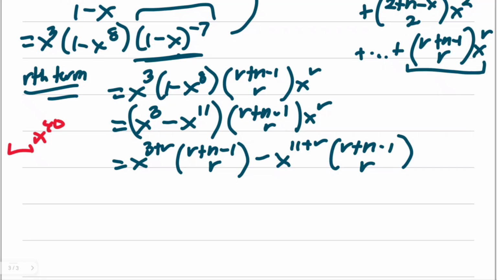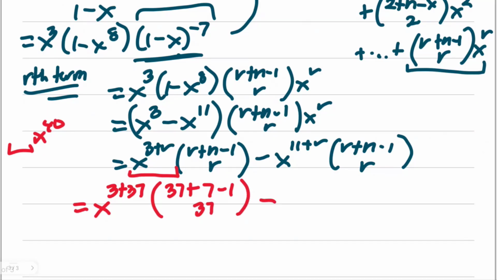Now for this, let's try to make this x to the power of 40. When this is possible, that is only possible if r there in the first term is actually 37. That's actually x to the power of 3 plus 37, right? In short, our r is 37 plus our n, which is 7 boxes, minus 1, combination 37.